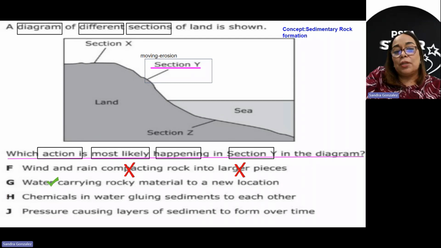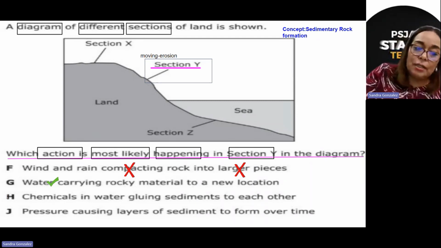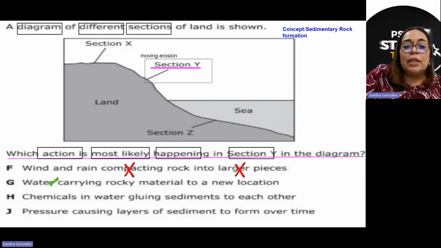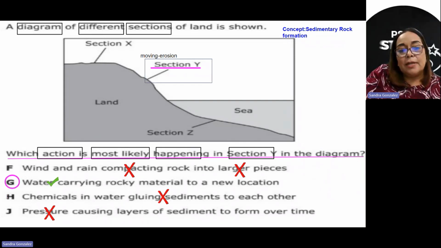But we still have to check letters H and J. H says chemicals in water gluing sediments together, and here we're focusing on gluing. Does section Y look like it's gluing, putting pieces together? No. Letter J, pressure causing layers of sediments to be squished to form over time. Here, pressure. No. So what better represents Y, where it's moving, and that is G.